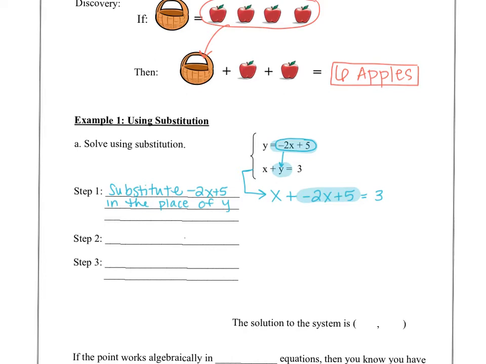All right, so step 2, combine like terms. So we've got an x and a negative 2x. So together, that means we have negative x plus 5 equals 3. And then step 3, solve the equation.